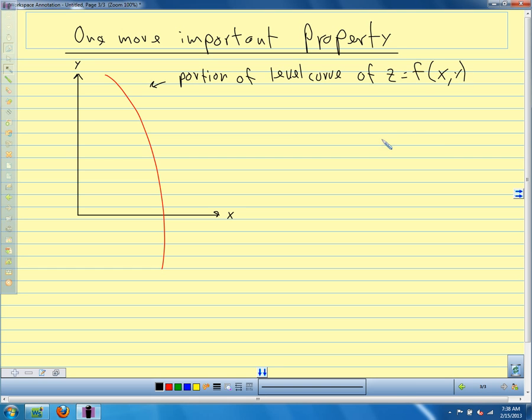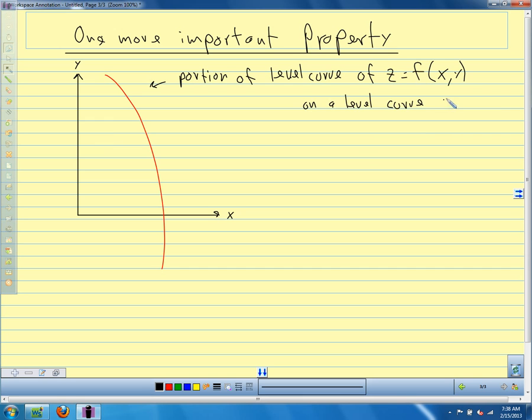And what do we know about z on a level curve? It could be in the xy plane, but if we're not in the xy plane, if we're on a level curve somewhere else, z is a constant.